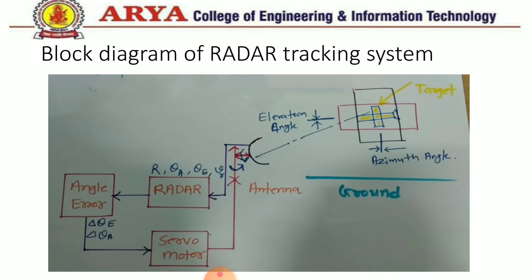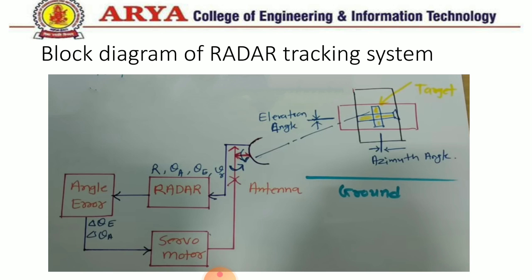Now, the error in angle is given to a system which gives an idea about that angle, and that is connected to a servo motor. The error in the angle of elevation is delta theta e, and the error in the angle of azimuth is delta theta a.